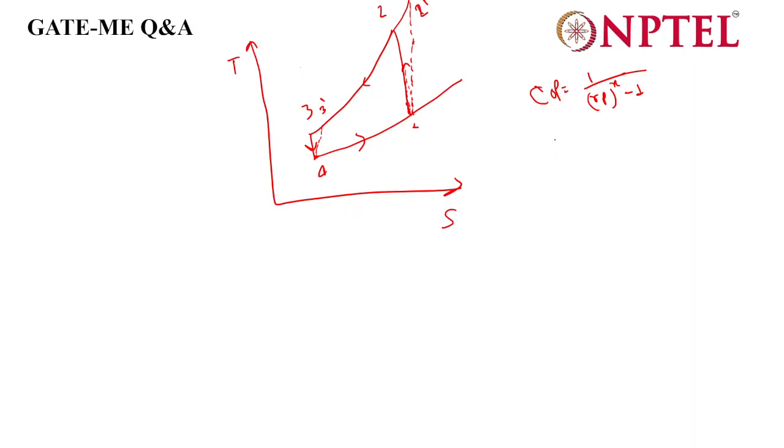It is the real process. In a real process they will give, for example, efficiency of the compressor as 0.85 and efficiency of the turbine as 0.9. So you will be calculating the temperatures of 3 dash and 2 dash. Can you calculate? Keep those in mind.